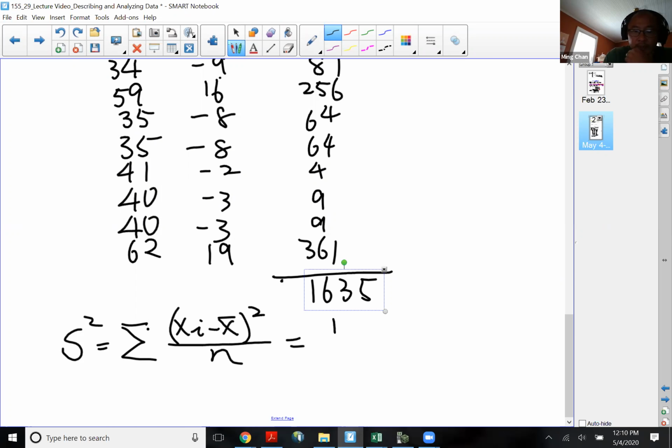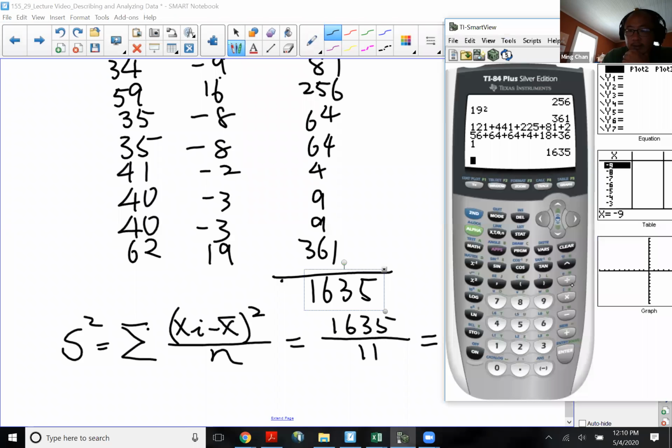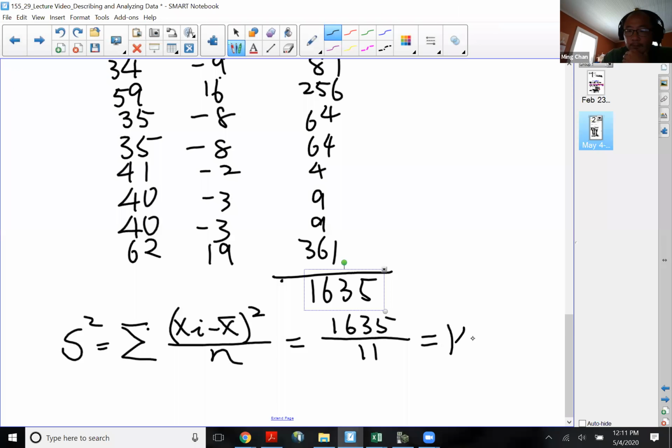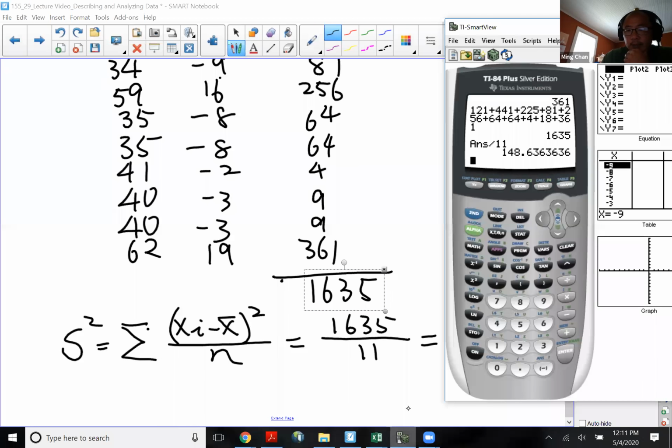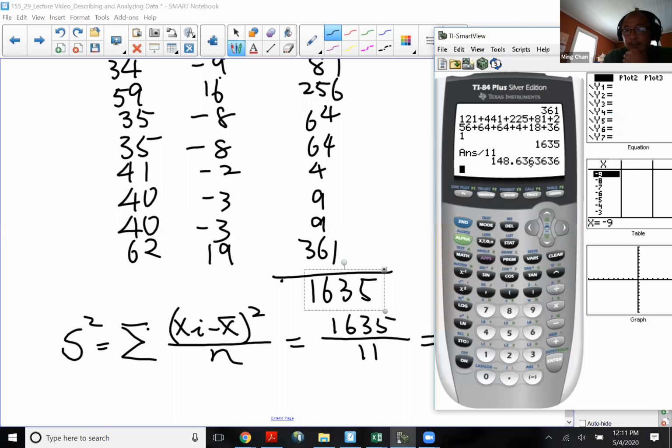So I take 1635 divided by 11, and that gives me my variance. Voila, 148.64. It's okay to keep a couple of decimal places. On the homework I may not mention it, but you can give yourself a couple of decimal places.